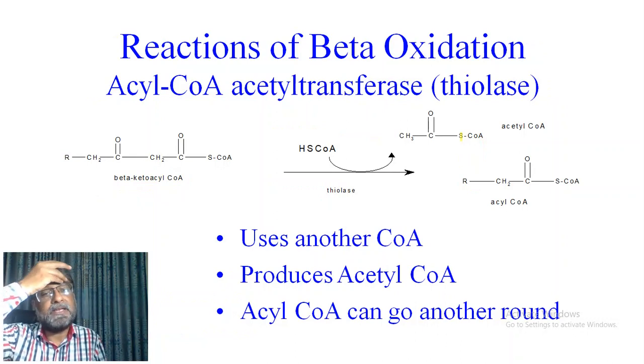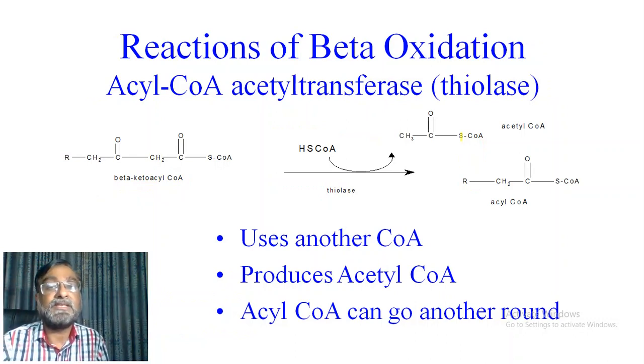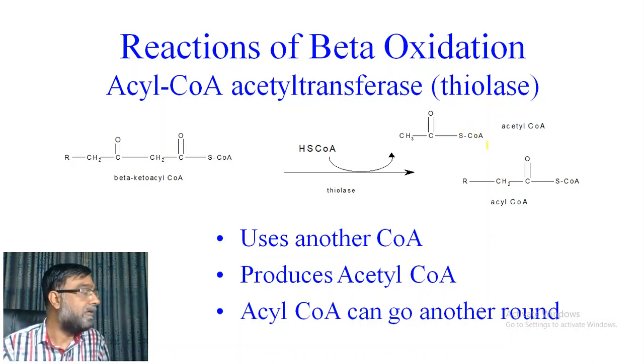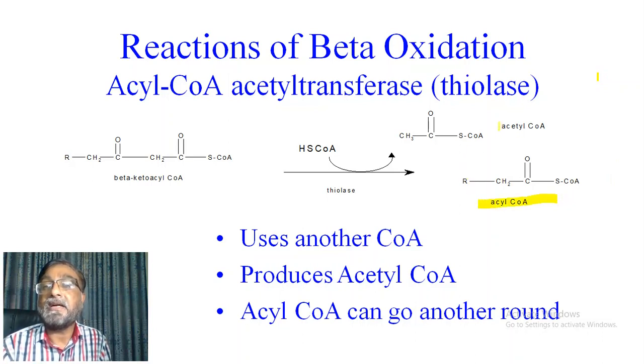And finally, beta keto acyl CoA, due to the action of the thiolase enzyme, is broken down, the long chain molecule into two molecules. One is the acyl CoA, and the other is the acetyl CoA, a two carbon substance. As I have told you, it will be 2 minus from the acyl CoA that was started in the first reaction.